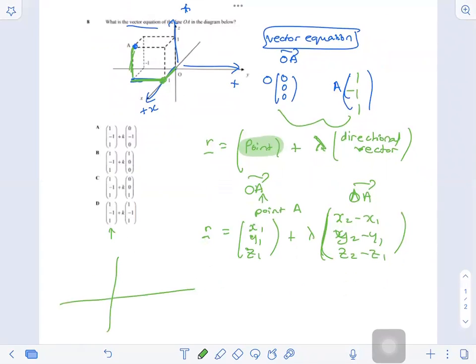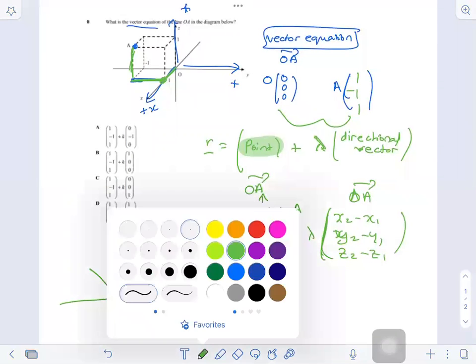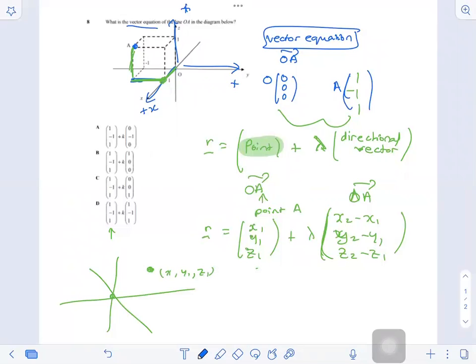What you're actually doing here, just so you have a really good understanding, is you've got this point, x1, y1, z1, and then from that point, you're going in the direction of the other point, say the second point was x2, y2, z2. Then you're going x2 minus x1 in the x direction, y2 minus y1 in the y direction, and then up z2 minus z1.